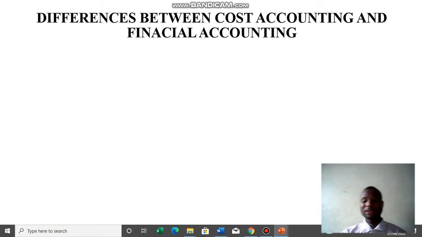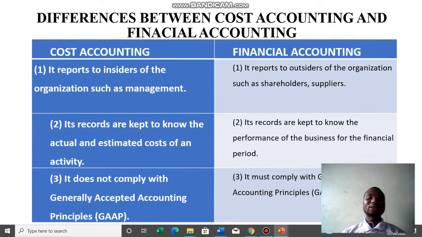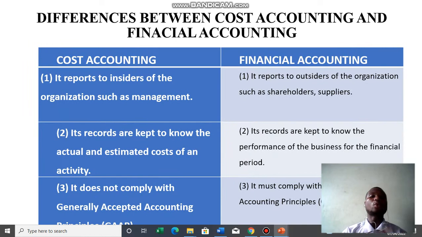Okay, now let's take a look at the differences between them. Cost accounting reports to insiders of the organization. The insiders are those within the organization, the management specifically. It gives them information concerning costs. Financial accounting reports to outsiders of the organization, those that are external stakeholders.